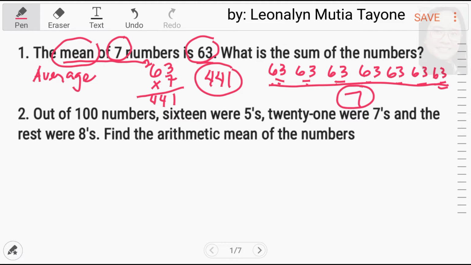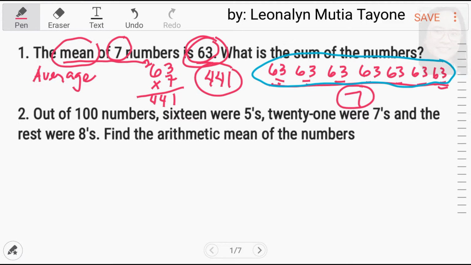Just reverse it: the average of 63 and how many numbers there are. So 63 times 7, the answer is 441. So for number 1, the sum of these numbers is 441.